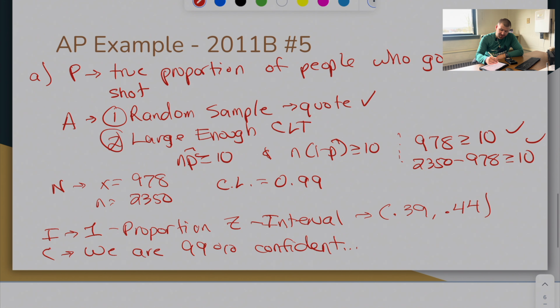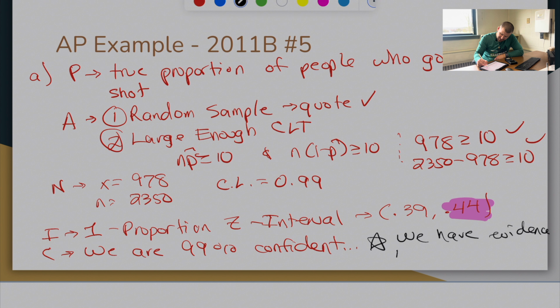But 45% is outside of my interval. So at this point, what's very important is that we have evidence that my proportion is less than 45%. And the reason for that is that 45% falls outside of the interval.